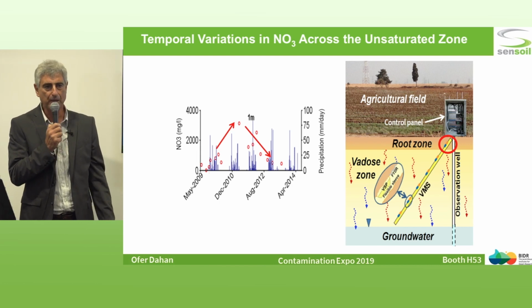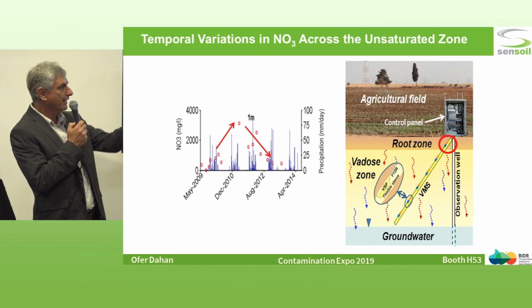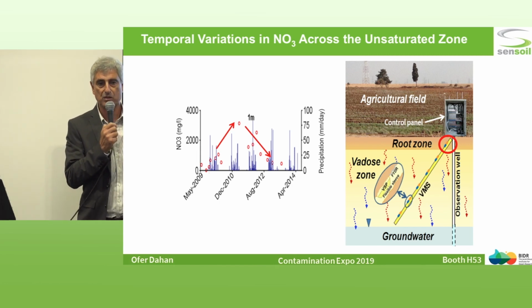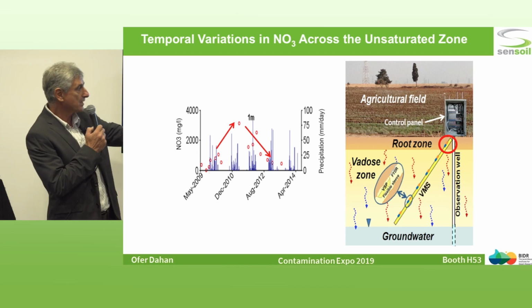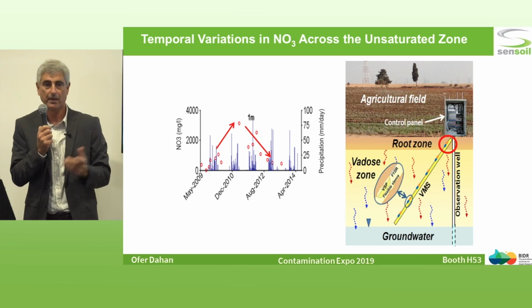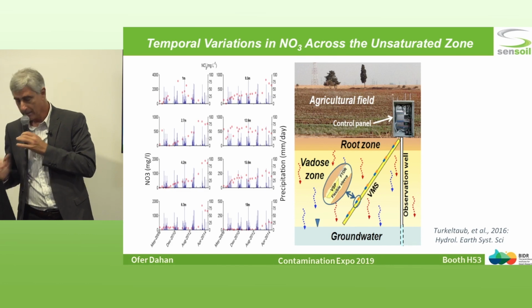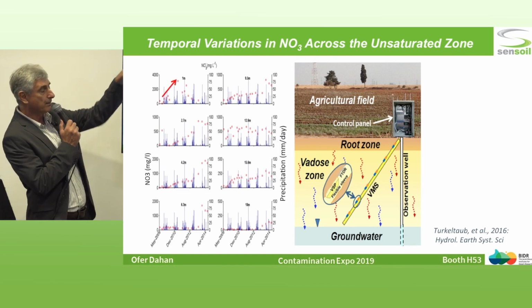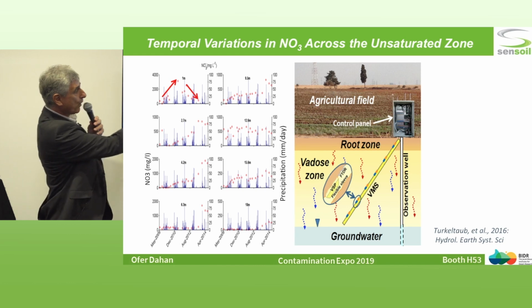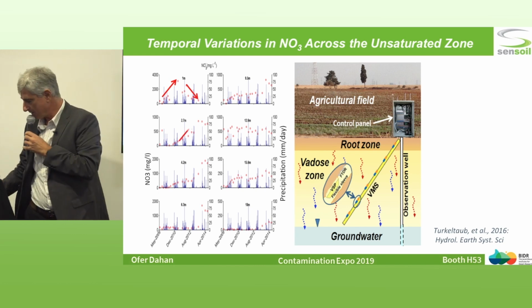So if you are the farmer or wherever you are, you say, okay, it was going up, probably there was plant uptake, and now we see the reduction in concentration. This is fine. But if you look down, this is the data I just showed at 1 meter. Let's now go to the one below at 2.7.